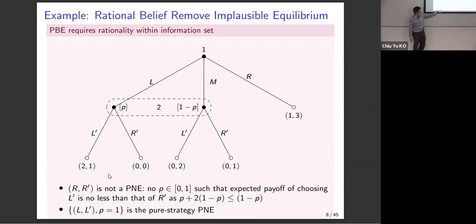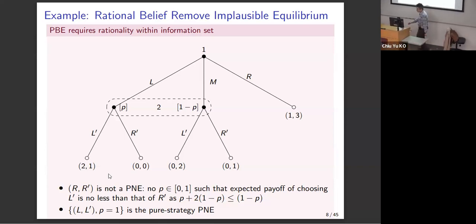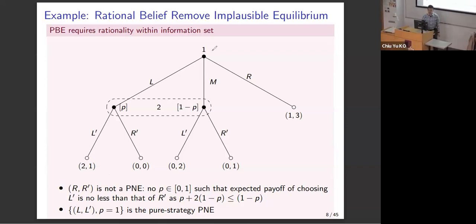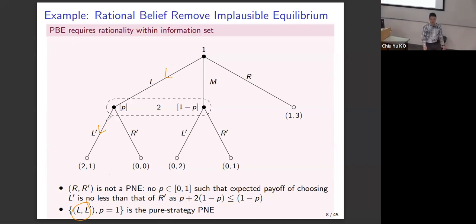So this is gone. And here L, L prime is a perfect Bayesian equilibrium with the belief P equal to 1. So here is what the Bayes rule says. Look at the equilibrium: the equilibrium dictates that this will be chosen. What Bayesian means is easy to envision.